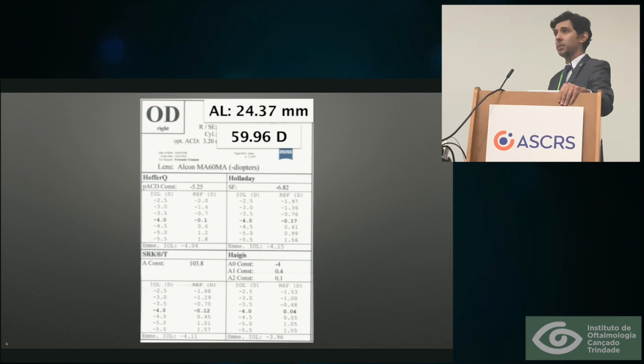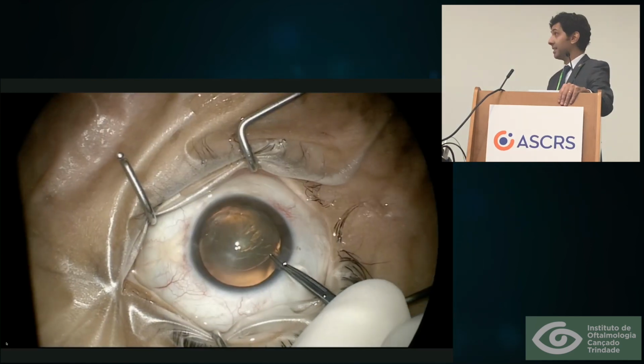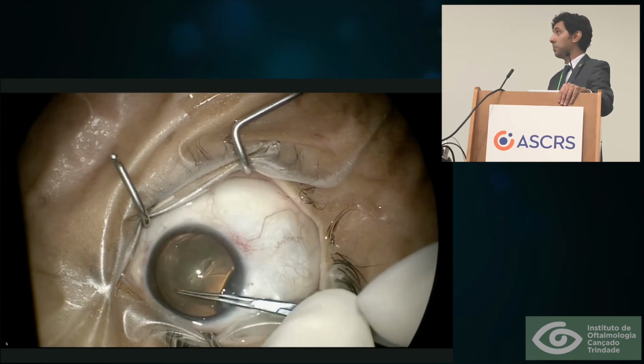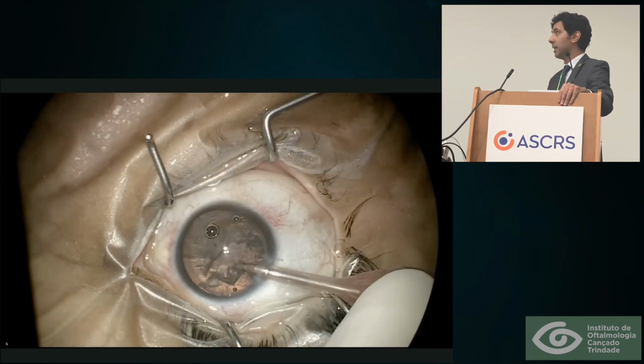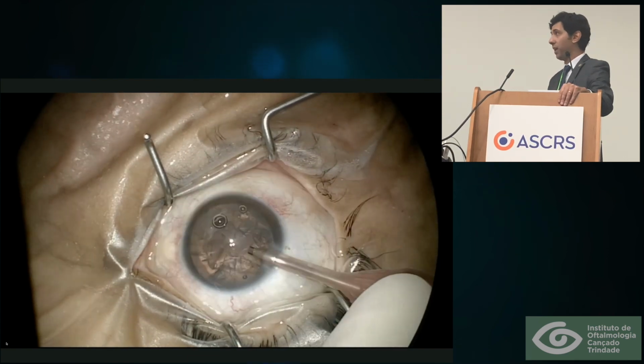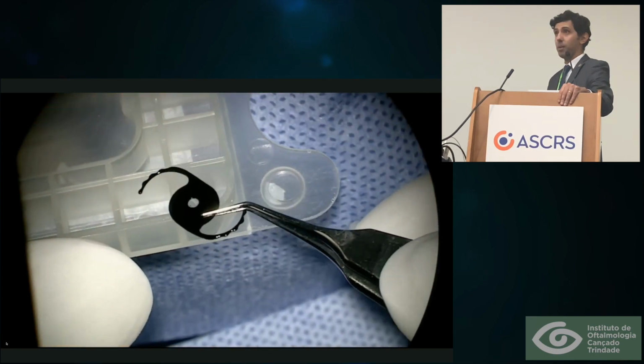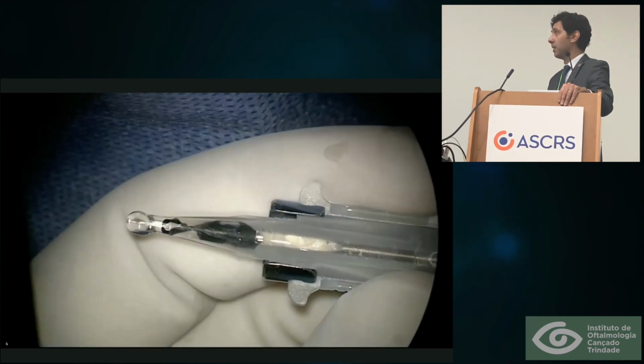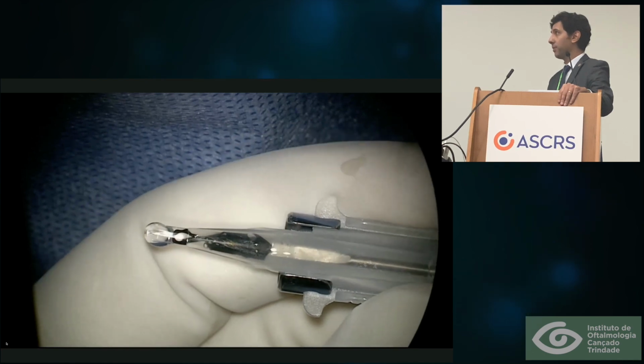So we decided to do something different here. Instead of using this pinhole implant as a piggyback implant, we did this clear lens extraction and implanted this sulcus device inside the capsular bag without any IOL, just by itself.